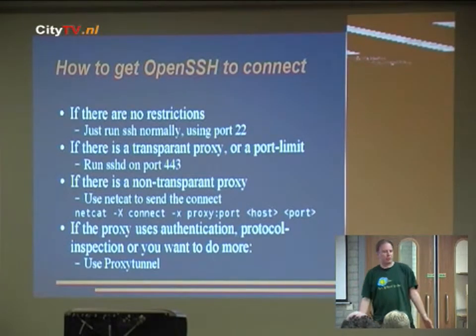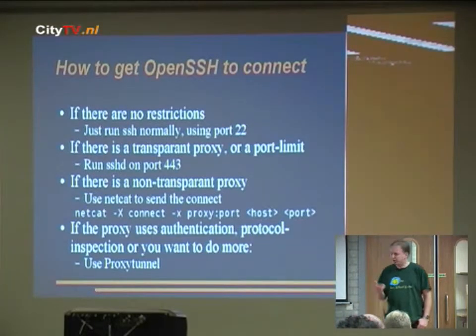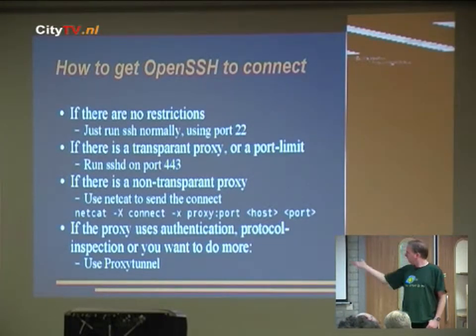If there's a transparent web proxy somewhere between your machine and the internet, well, if it's allowing traffic on port 443, it usually does, then you can just run your SSH daemon on 443 and still make a connection, just tell your client to use a different port. Well, in the case of non-transparent proxies, you can use, for example, Netcat. It can send the required header, make the connection for you, and then SSH will be able to connect.